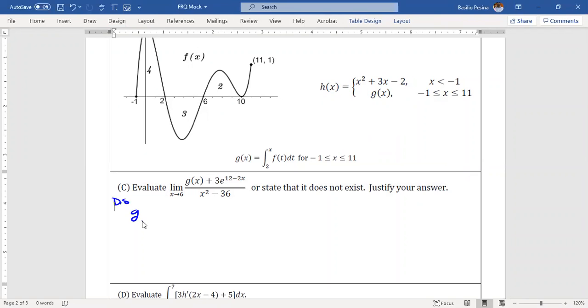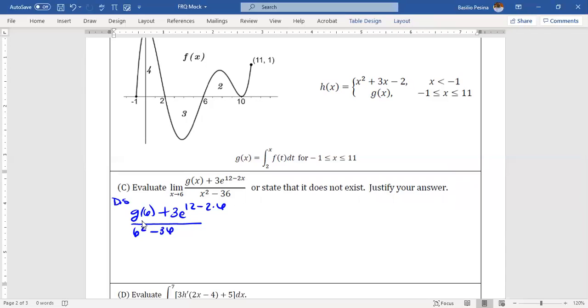So I get g of 6 plus 3e^(12 minus 2 times 6) divided by x squared, which is 6 squared minus 36. Okay.